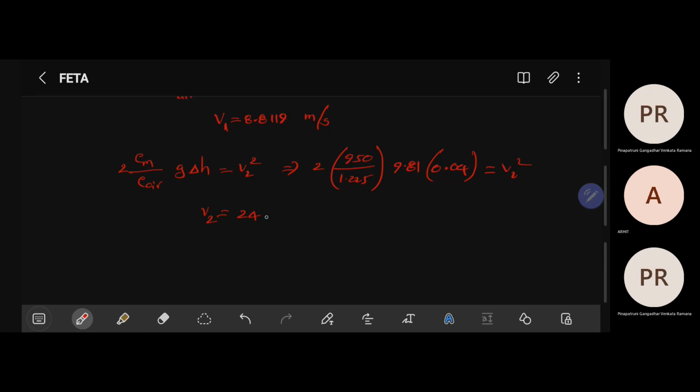Yes, I'm getting 24.670. Sir, V2 and V1 both are correct. That is 24.62. What you have got is right, but it is not matching with the answer, sir.